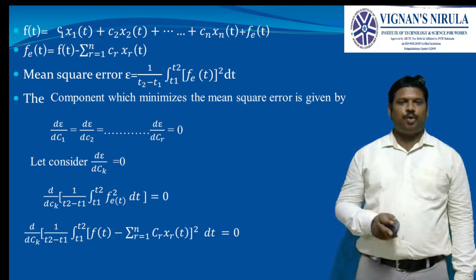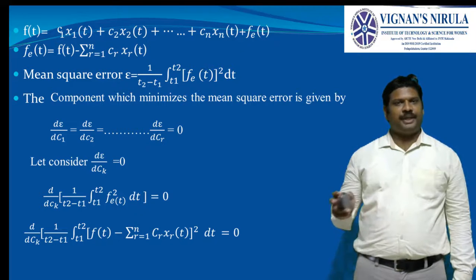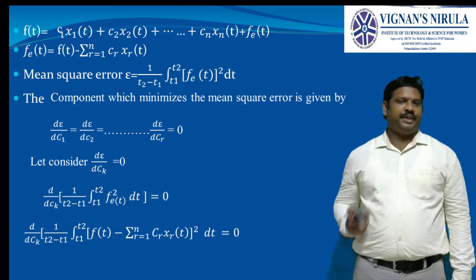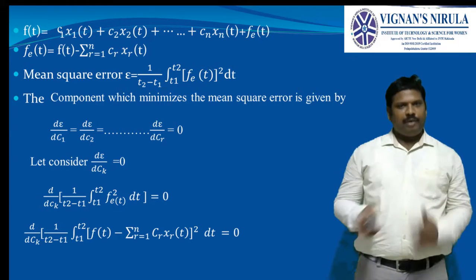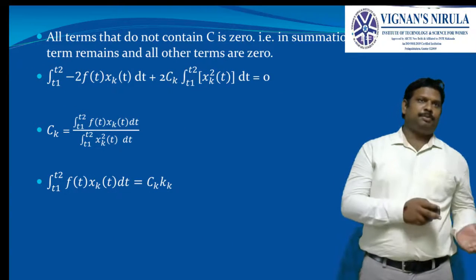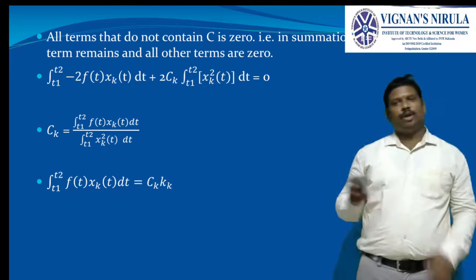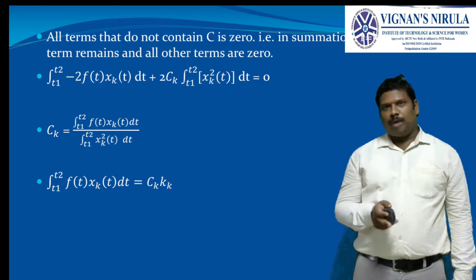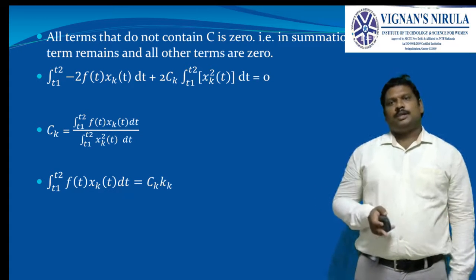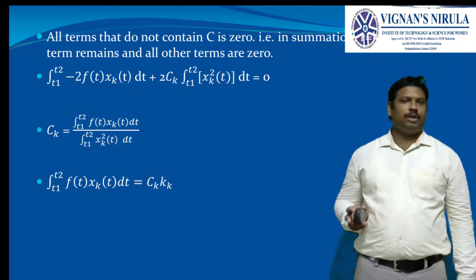Then dE by dck of 1 by t2 minus t1 integral of t1 to t2 of f of t minus summation r equal to 1 to n cr into xr of t, whole square dt. Again it is in the fashion of a minus b whole square, which gives the same simplification, a square minus 2ab plus b square. The components not containing ck will be 0, because the component is not mixed, so the differentiation value will be 0. That's why the first term will be left off.